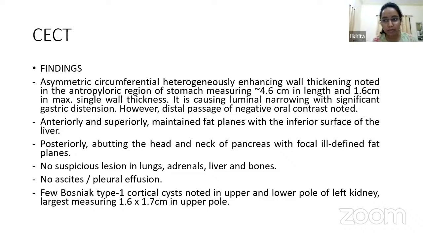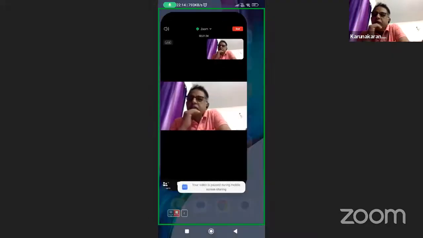One more hypothetical question. The lesion is confined to the pylorus or distal portion of the stomach. How much clearance proximally you give, and distally how much clearance you give?